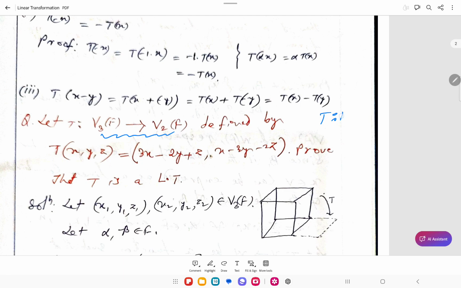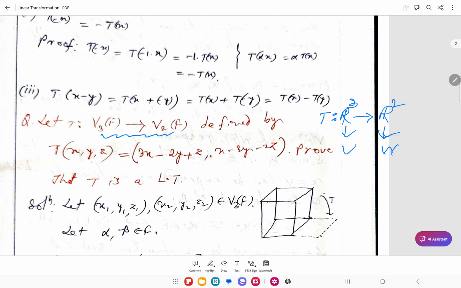V3F means you can write it this way also, R3 to V2F. V2F means actually R2, no? So here the vector space, this is V and this is W. The first vector space is R3 and the second vector space is R2.